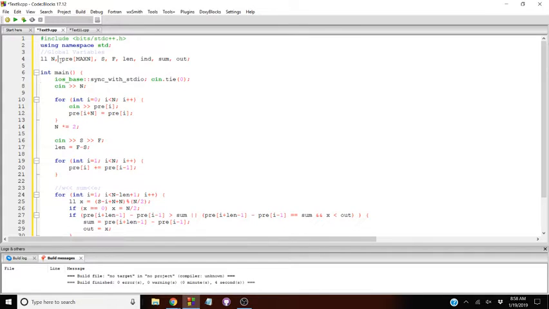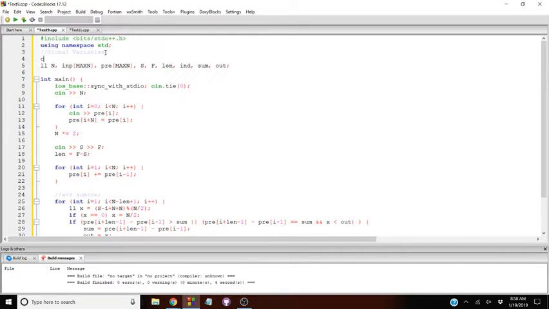Okay, I did this without an input array. I'll just add it back, and then I'll explain the code.